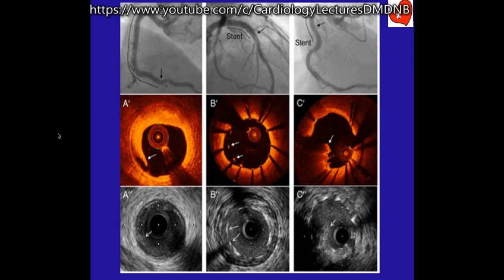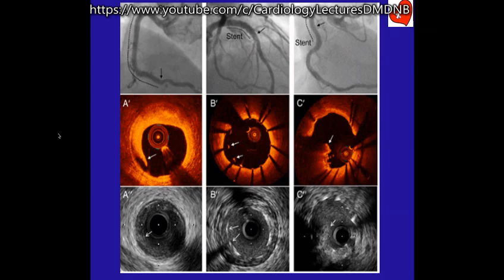Sir, Surya, sir, I would like to know. Okay. The picture A shows discontinuity in the intimal layer, sir, probably a dissection, sir. Okay, why do you see dissection?